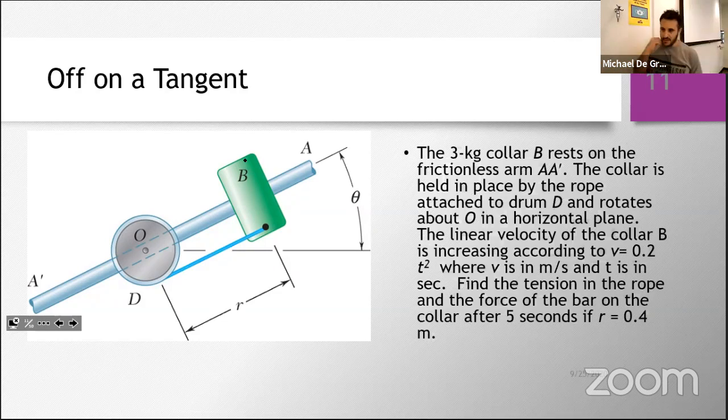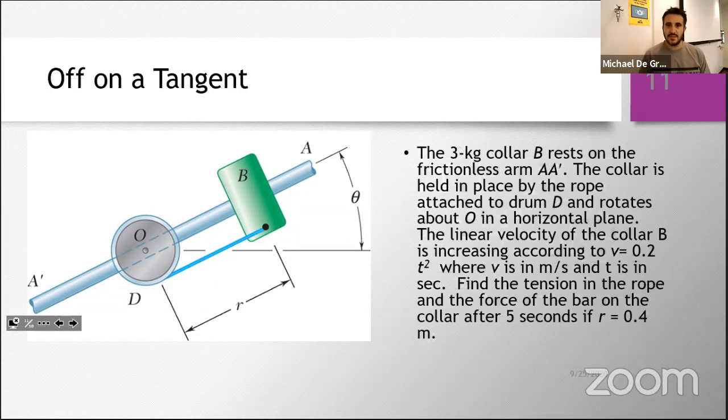The collar is held in place by a rope that's attached to the drum D and rotates about O. The linear velocity of the collar is increasing according to the equation v = 0.2 t squared, where v is in meters per second and t is in seconds. Find the tension in the rope and the force of the bar on the collar after 5 seconds.